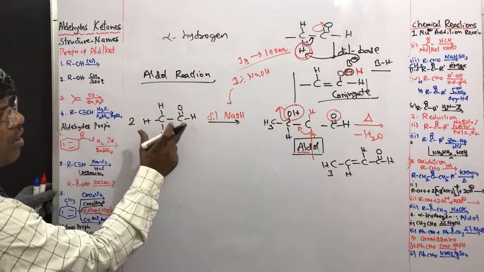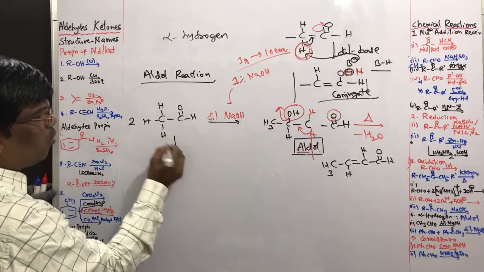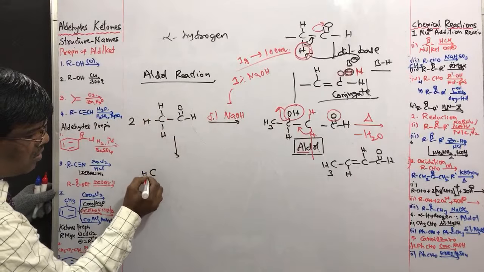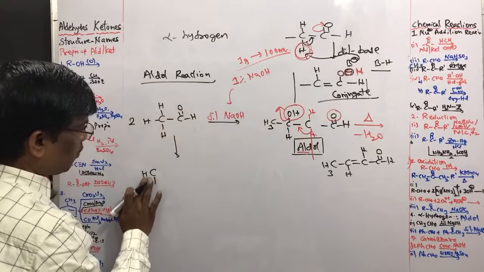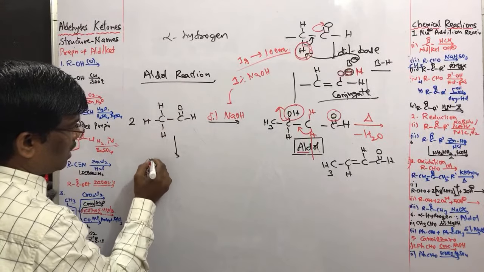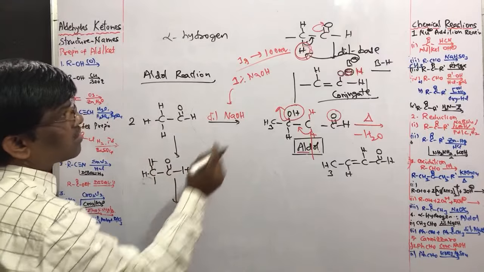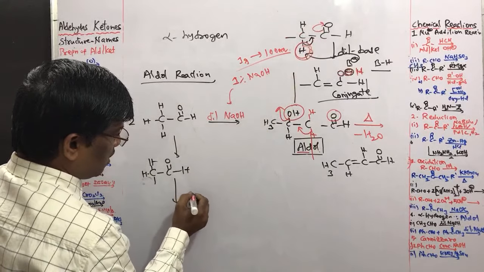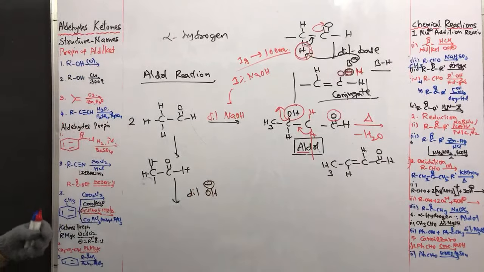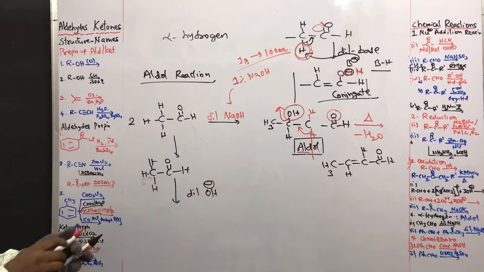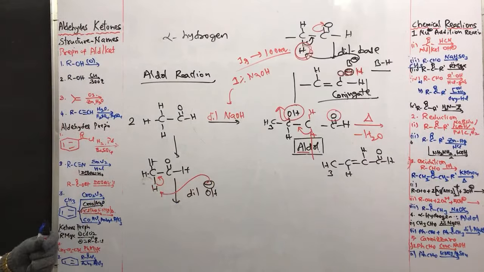It is a simple aldol reaction where two molecules react. What I am saying is, it is an acidic proton, so let me take this example and explain. In the presence of base, dilute NaOH, let me write OH minus here, and this OH takes up this proton to form a carbanion.